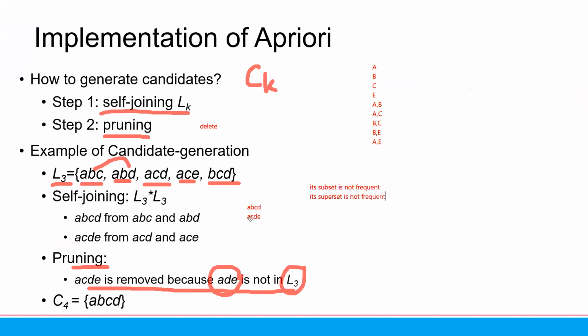Because there is no ADE, then we will not create ACDE. So we can remove it. So the candidate is only one, which is ABCD. That's the meaning with the previous example.